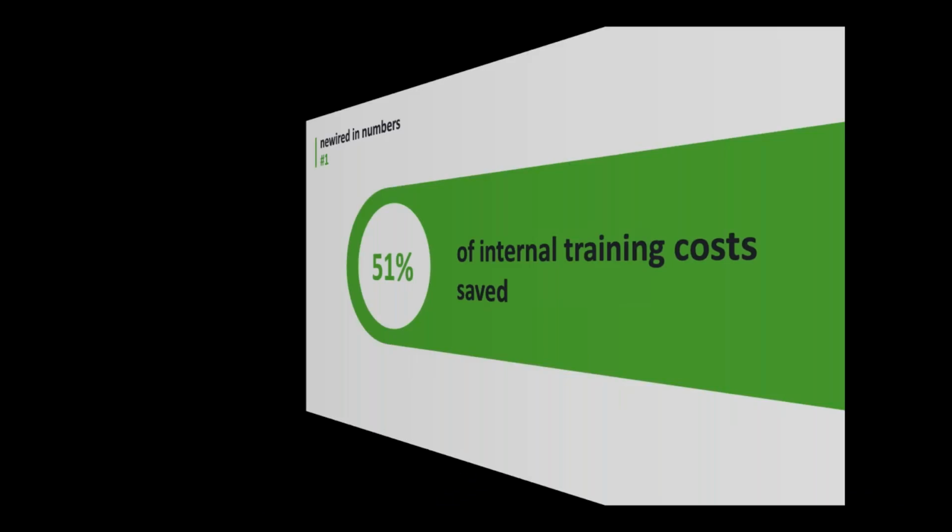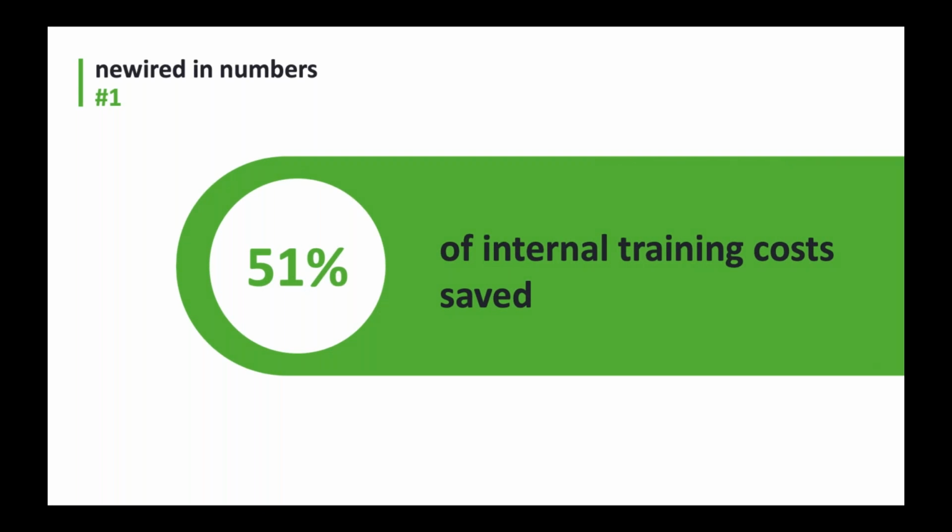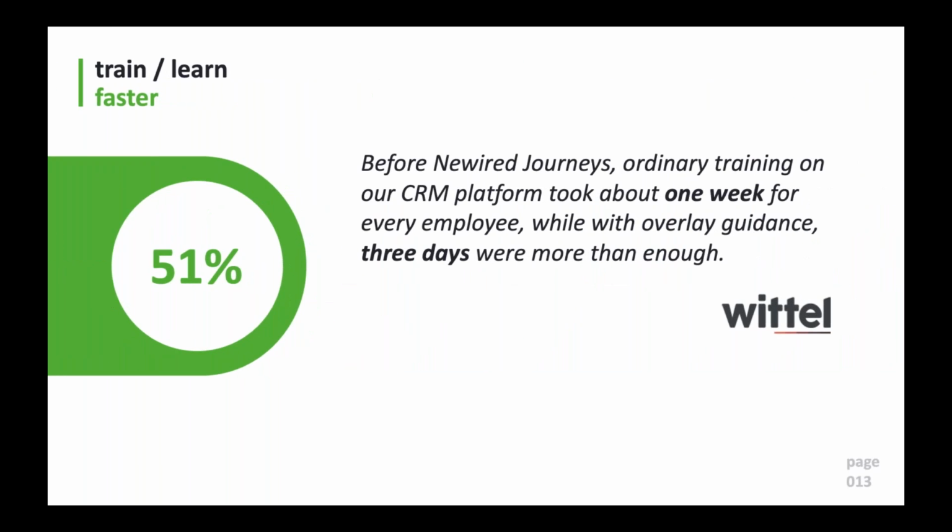And what are the actual results? Why is that important? The first number I want to speak about is the so-called internal training cost. This is the real world scenario that speaks about training and learning faster.